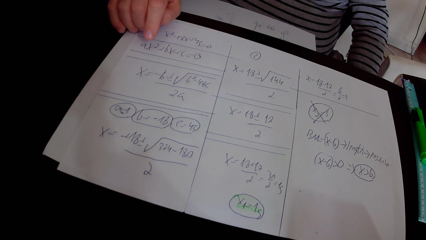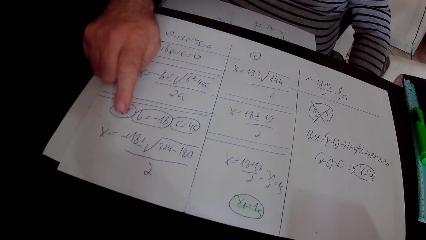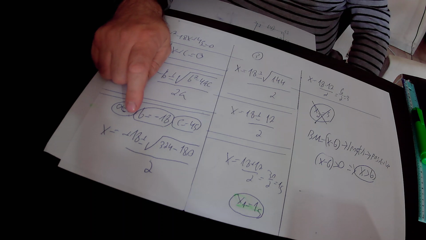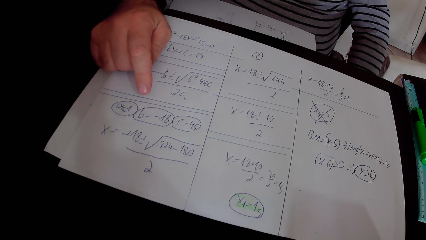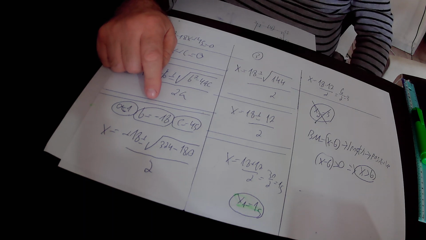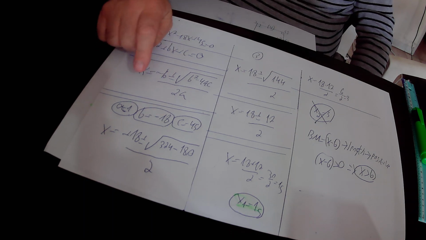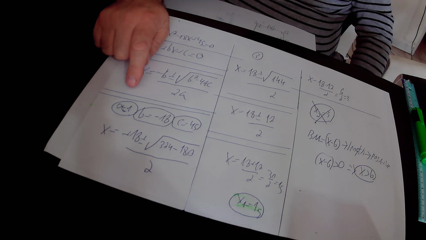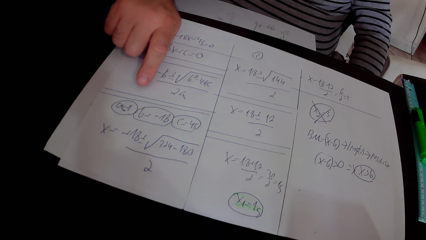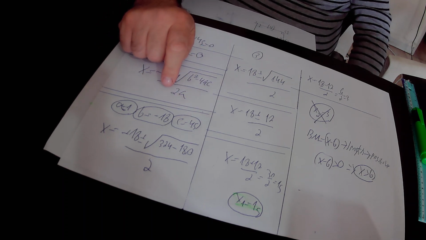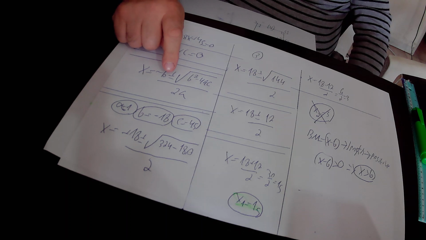So we did it and found that x equals minus b. b is minus 18, therefore minus b is plus 18, plus or minus the square root of b squared. b squared is minus 18 squared, that is 324, minus 4 times a, which is 1, times c, which is 45. Minus 4 times 45 is minus 180, divided by 2a. a is 1, so 2a is 2.